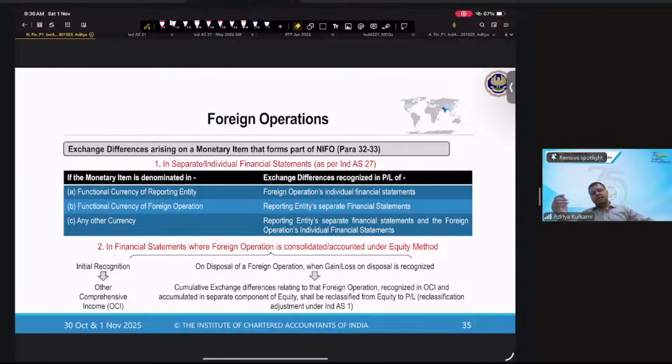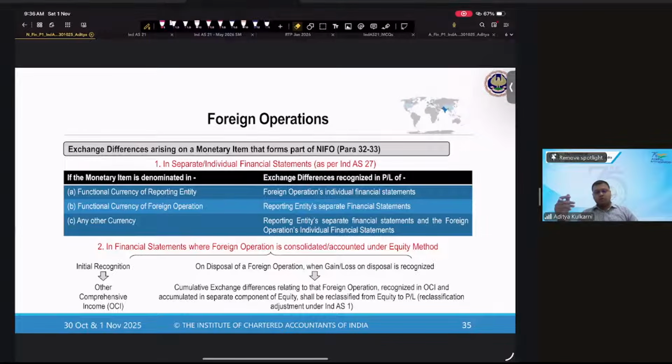If you start putting it as an investment, it will start getting regulatory attention. So you did a loan transaction primarily for ease of transfer of funds. That is why in your standalone you would prefer to treat it as a monetary item and take it to the P&L.